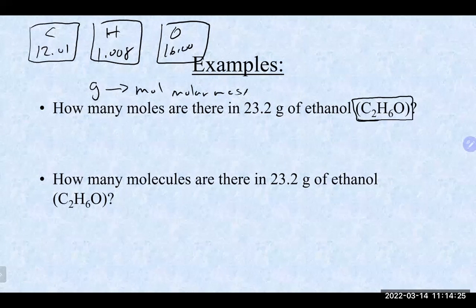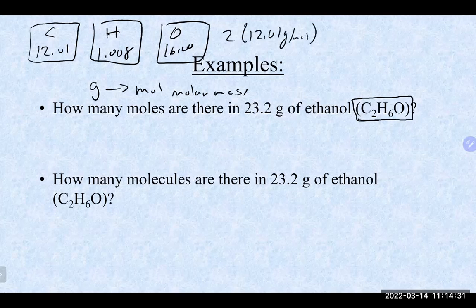So in this case, there are 2 carbons, each at 12.01, plus 6 hydrogens, each at 1.008 grams per mole. And there is 1 oxygen here at 16 grams per mole. So this is basically our carbon, our hydrogen, and our oxygen here.